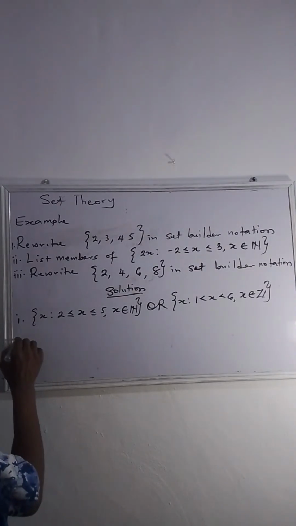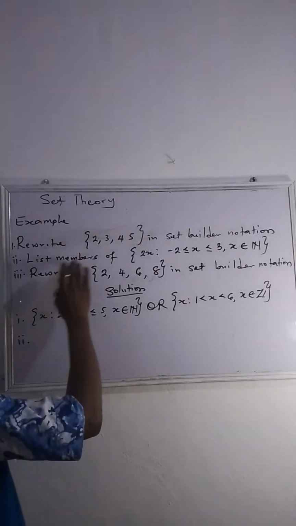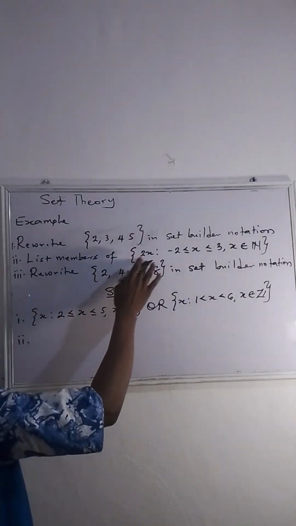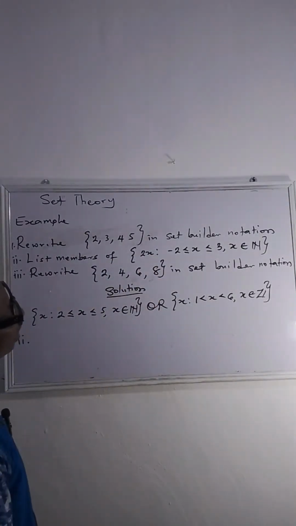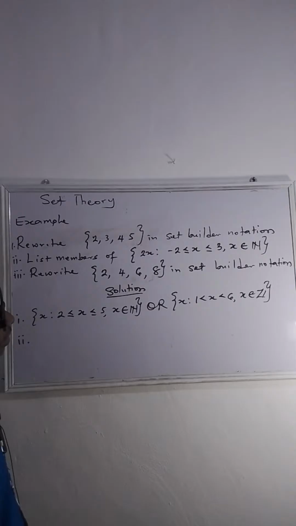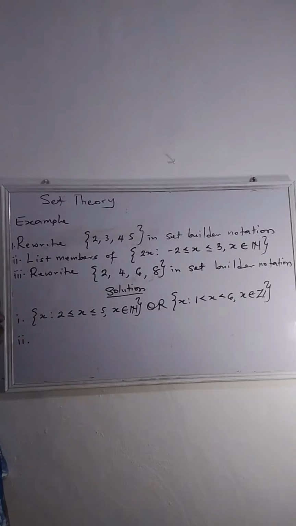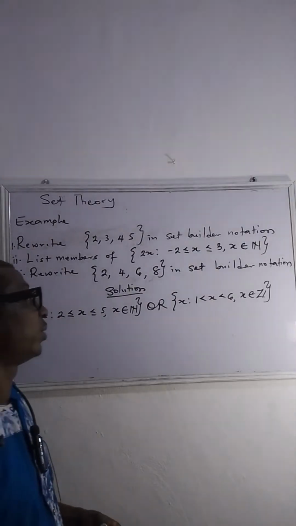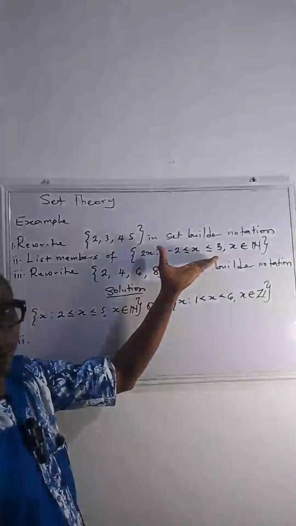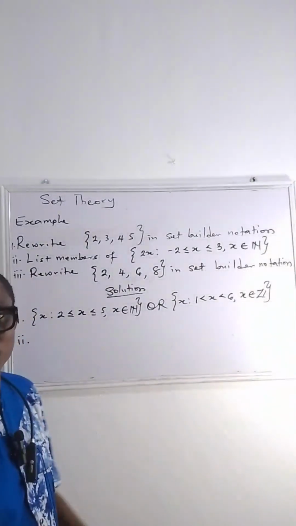Now let's look at the second one. List members of a set of 2x such that minus 2 is less than x, less than or equals to 3, where x is a natural number. I'm going to do this for us, but I just need you to make an attempt.